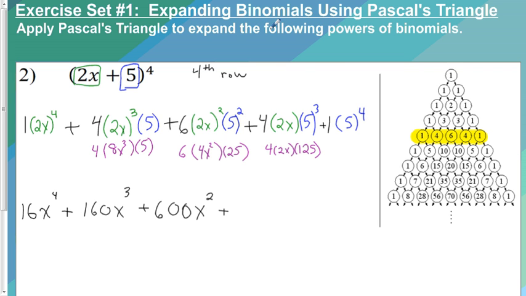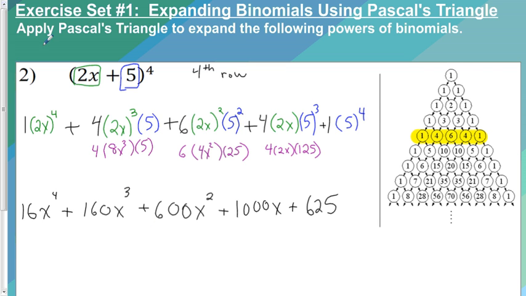So I have 1,000x plus 1 times 5 to the 4th. Well, 5 to the 4th is 625. Anything times 1 is itself. So my final binomial expansion is 16x to the 4th plus 160x cubed plus 600x squared plus 1000x plus 625.